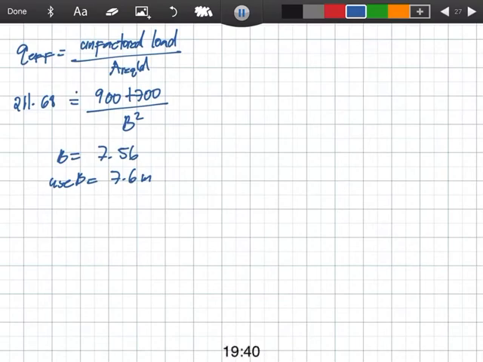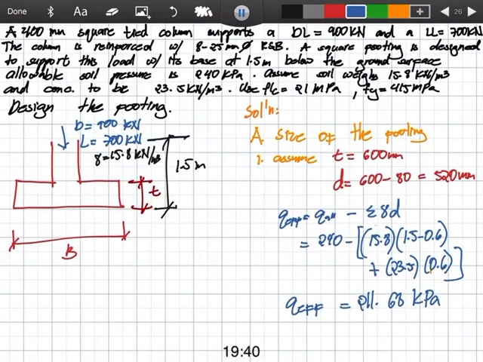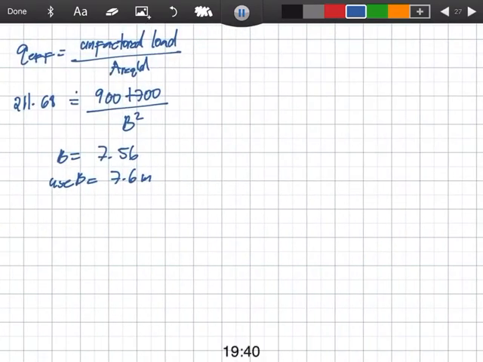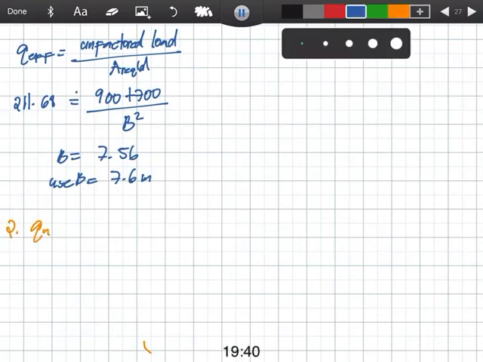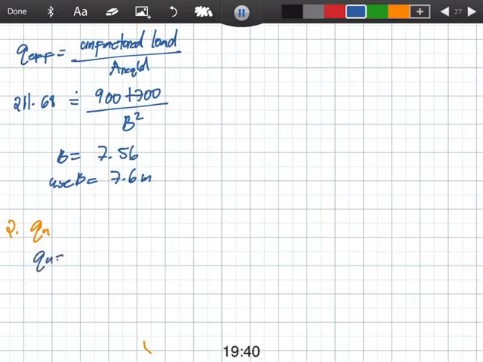Pero i-check pa natin. Step 1 pa lang. Okay, so step 2, QU. Ultimate na tayo. So, QU is equal to factored load over area. 1.2D plus 1.6L.